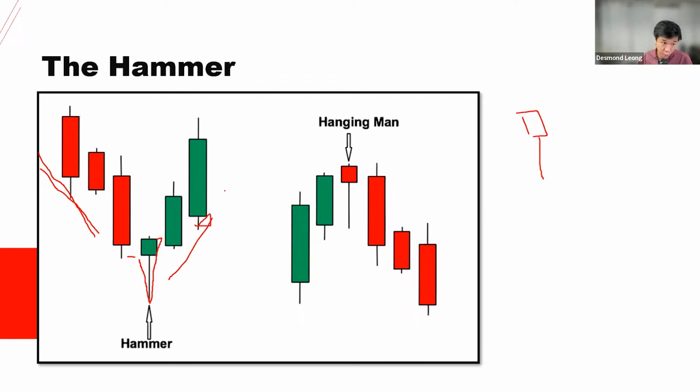Okay, now let's look at the opposite, the hanging man, right? So you can see the bulls are pushing prices up, pushing prices up. When it reaches this level, the bears start pushing prices down. You can see that the bears are successful in pushing prices down, but the bulls take over and push prices all the way back up to over here.